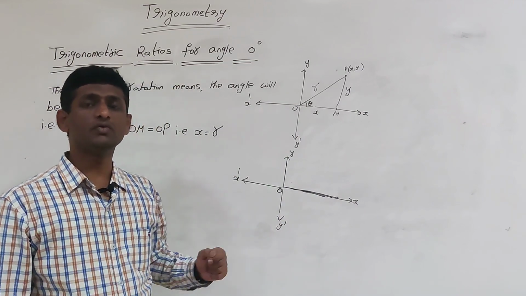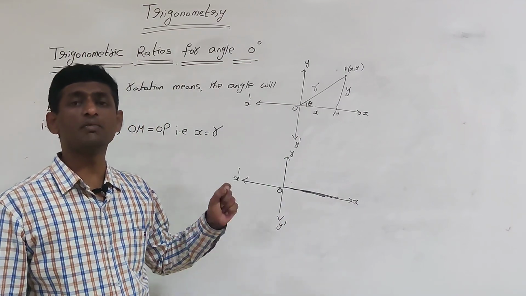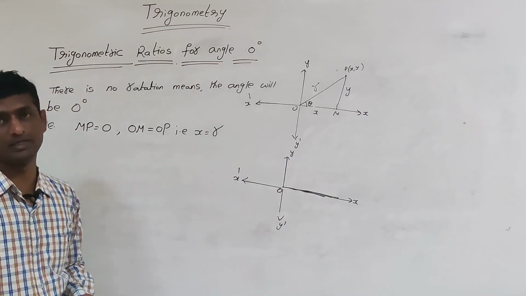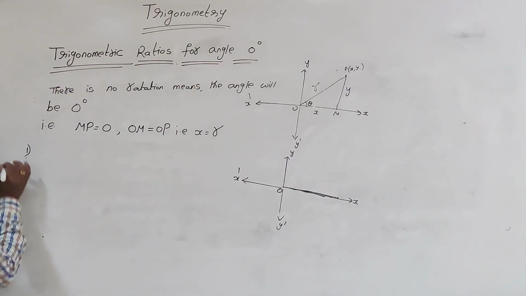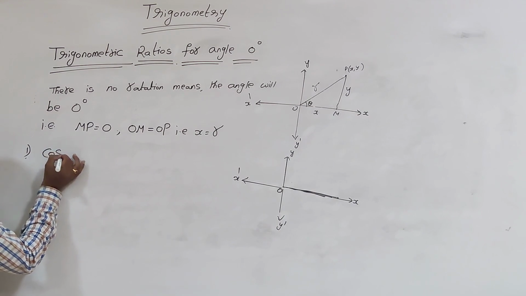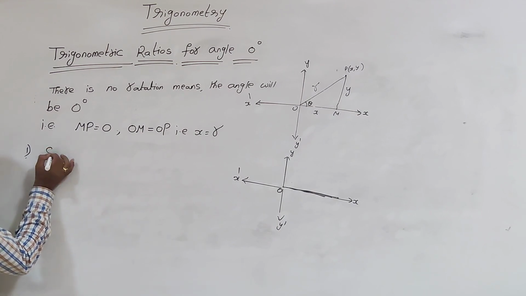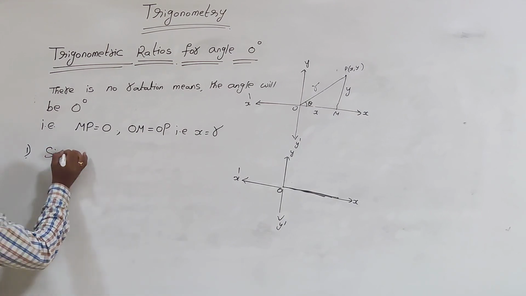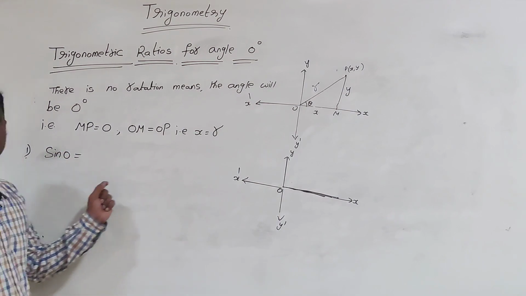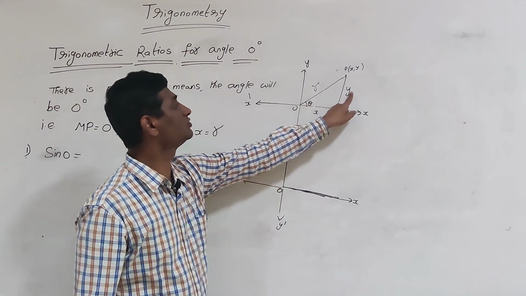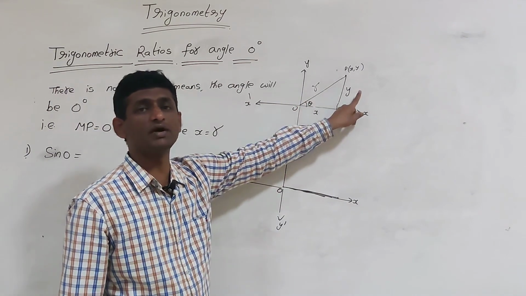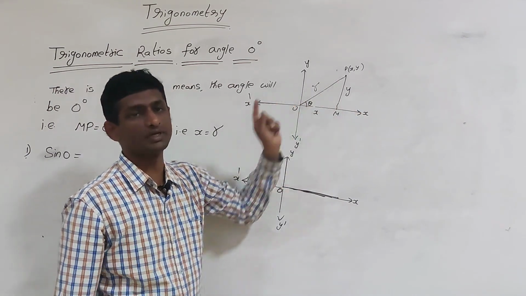Now we will see the 6 trigonometric ratios for 0 degrees. First one, sin theta, here sin 0. As per the definition, sin theta is y by r, opposite side of theta by hypotenuse.